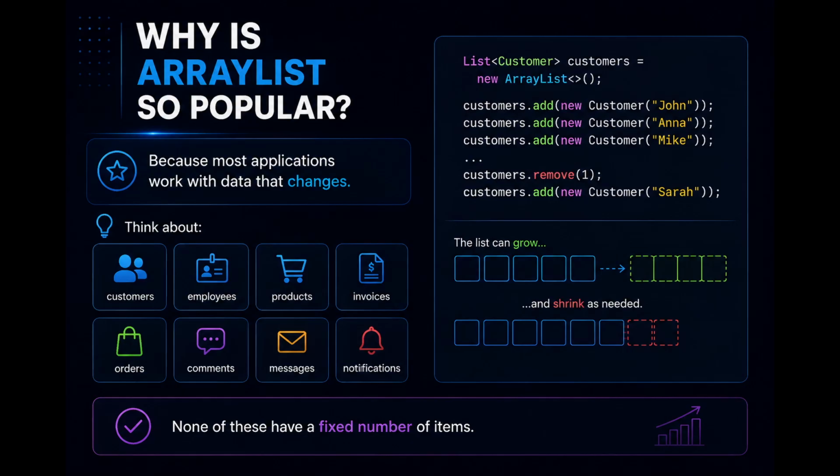So why is ArrayList so popular then? Because most applications work with data that changes. For example, customers, employees, products, invoices. None of these have a fixed number of items.